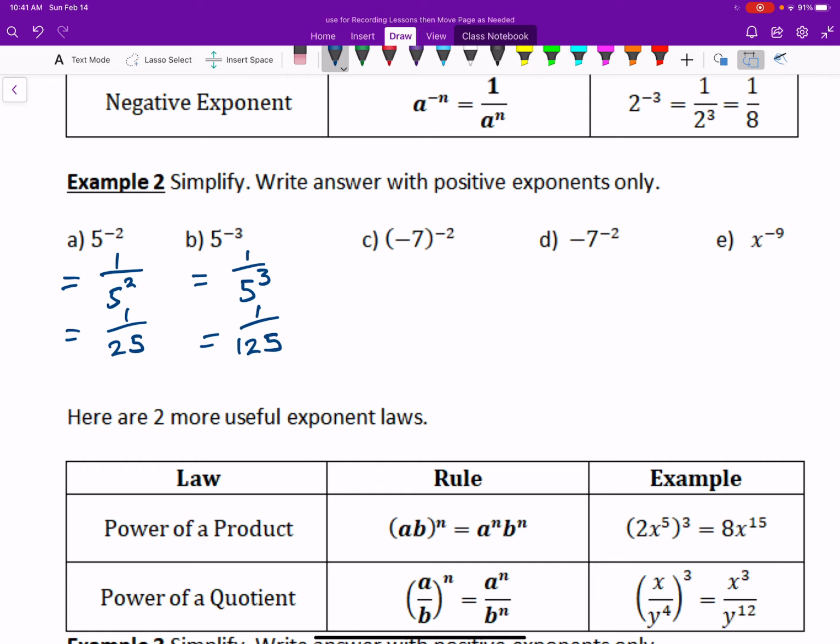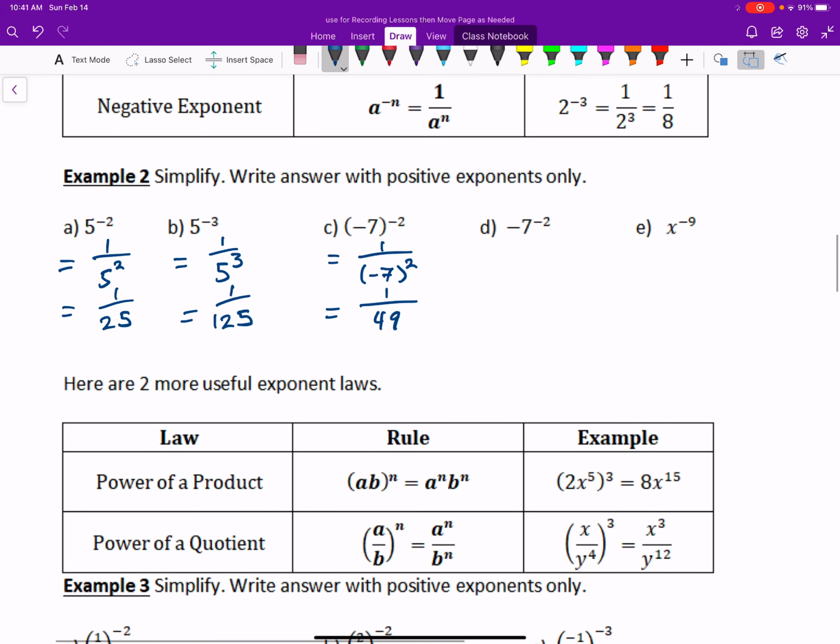Negative 7 in brackets to the negative 2 is the same as 1 over negative 7 to the positive 2. And a negative number to an even exponent, if the negative is inside the brackets, becomes positive. So negative 7 times negative 7 is positive 49. Whereas part D, again, doesn't have the brackets. That means something different.